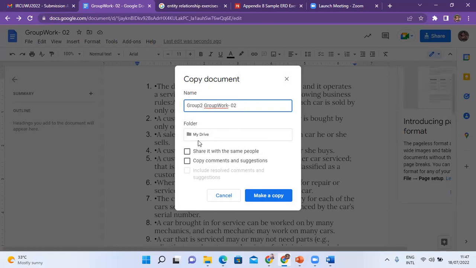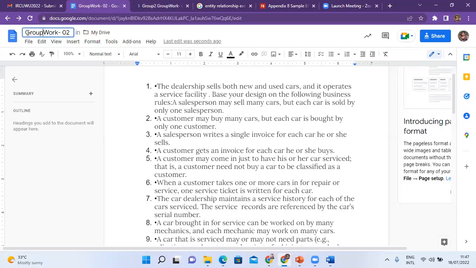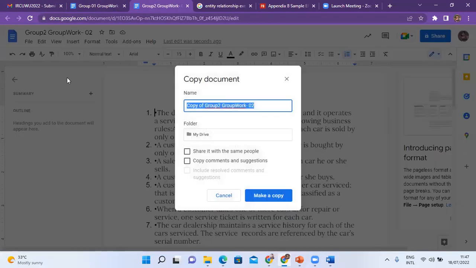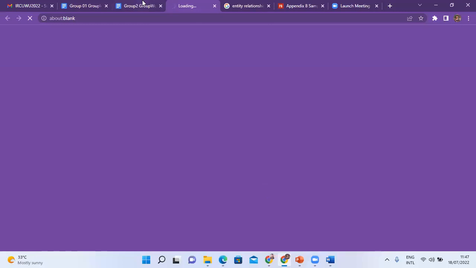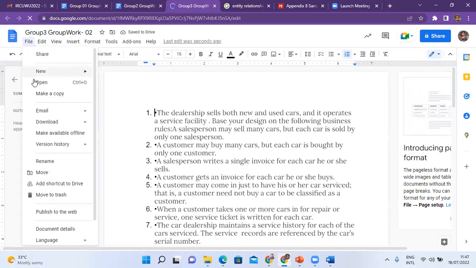Group 2. Make a copy. Group 1, group 2. Make a copy.